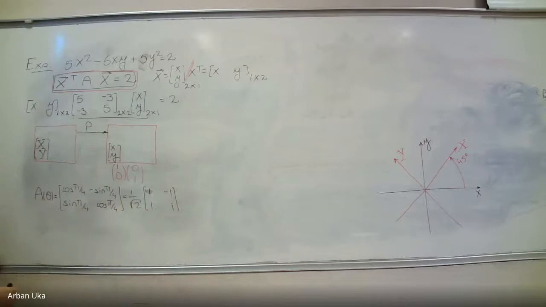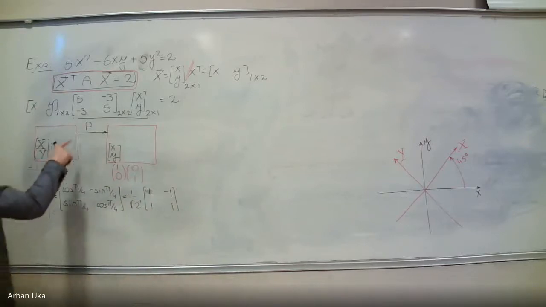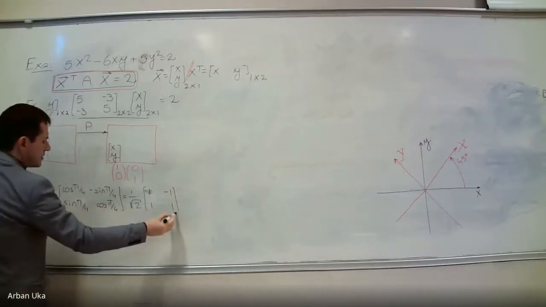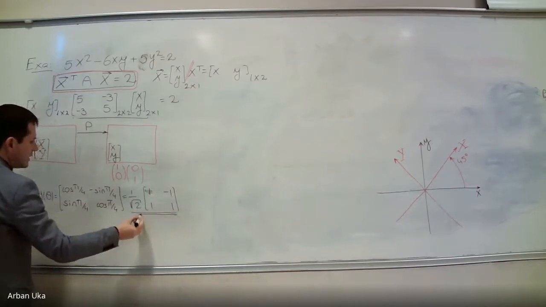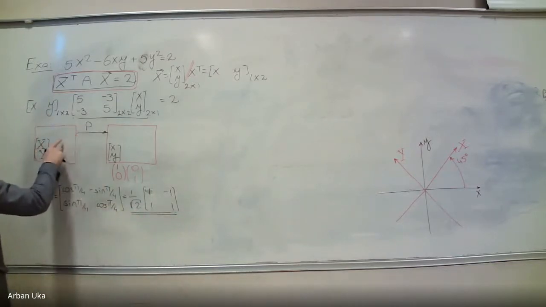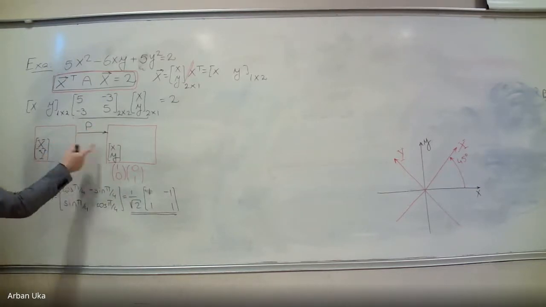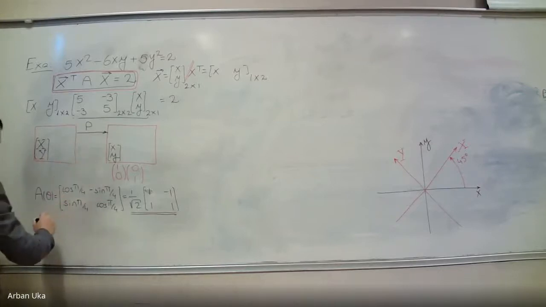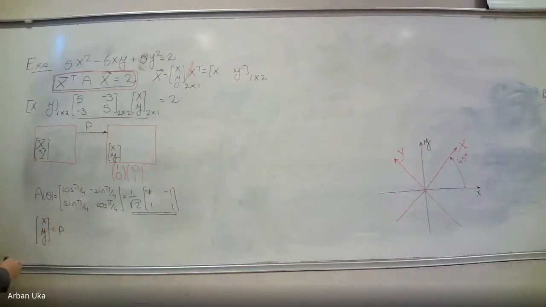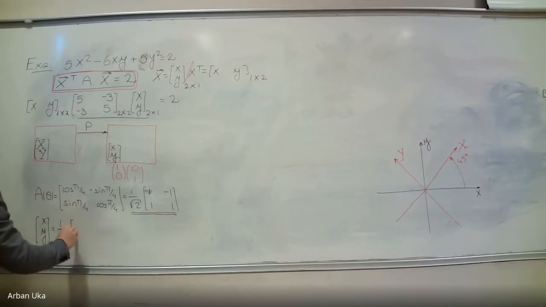So this is the matrix P, which is how we are going to change the x and y. This is how we apply this matrix P on this basis, okay? Because it might be confusing where we apply it, but we know that always the standard basis is obtained by multiplying the vector by the matrix P. Actually, you know what the P is, it's already here. So this is equal to 1 over square root of 2, 1, minus 1, 1, 1.